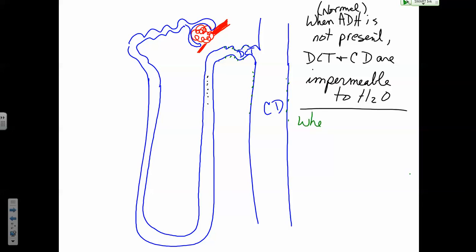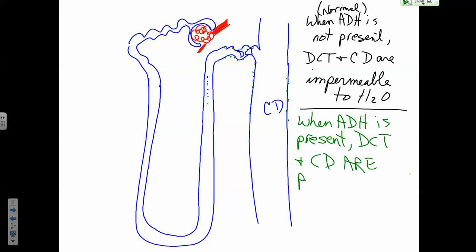And so when ADH is present in those areas, which is when you're dehydrated, the distal convoluted tubule and the collecting duct are permeable to water. So that if you need to reabsorb water, you can. It's your last ditch effort to retain water, through the action of ADH.